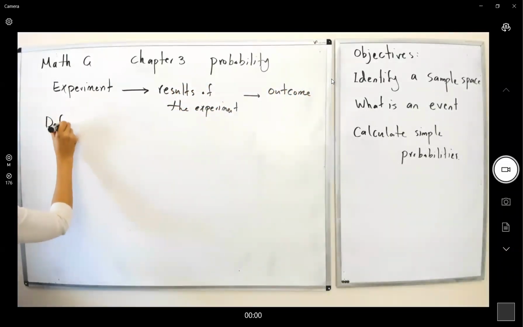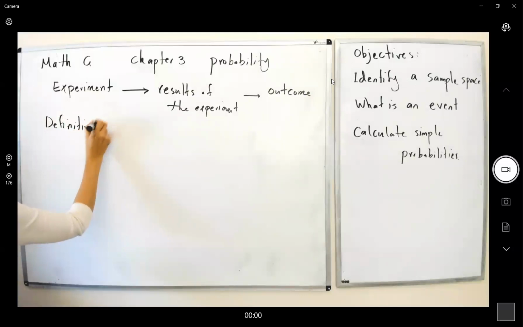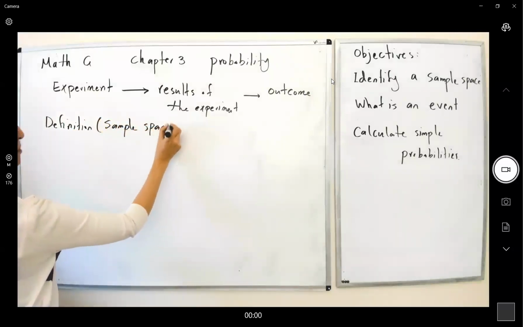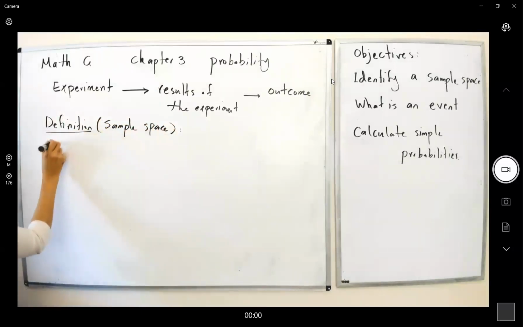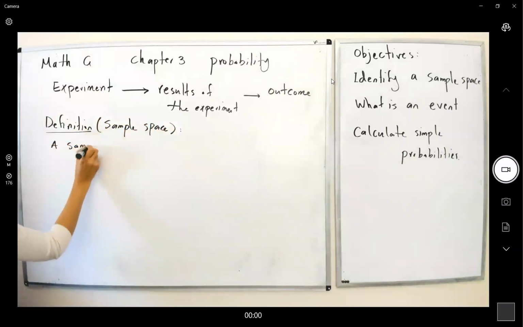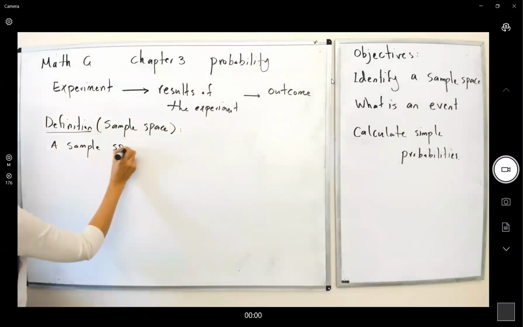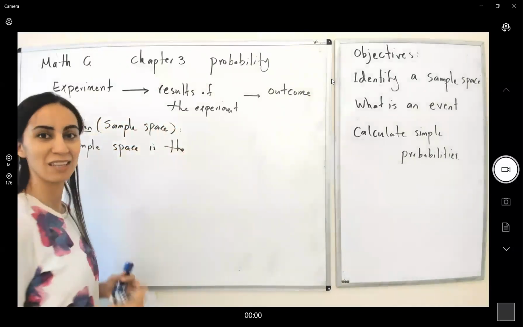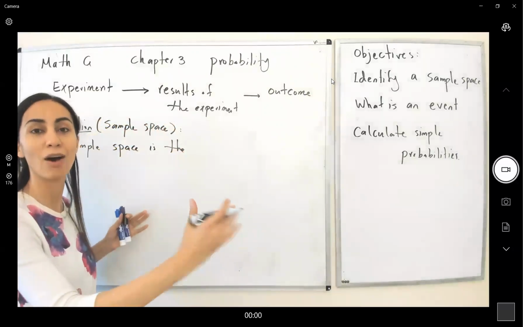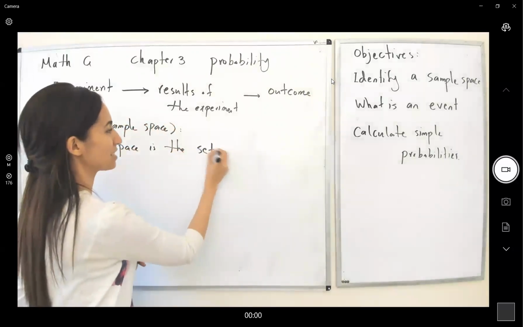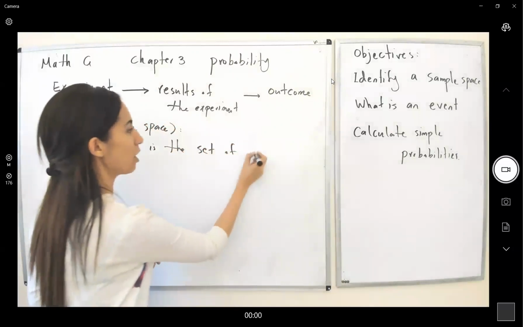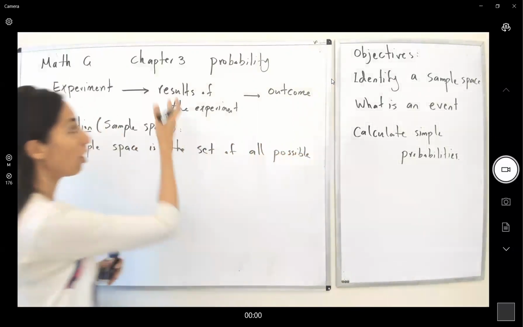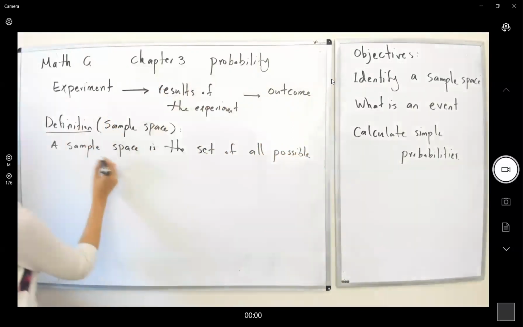So, the definition of a sample space: a sample space is a set of all possible results or outcomes.